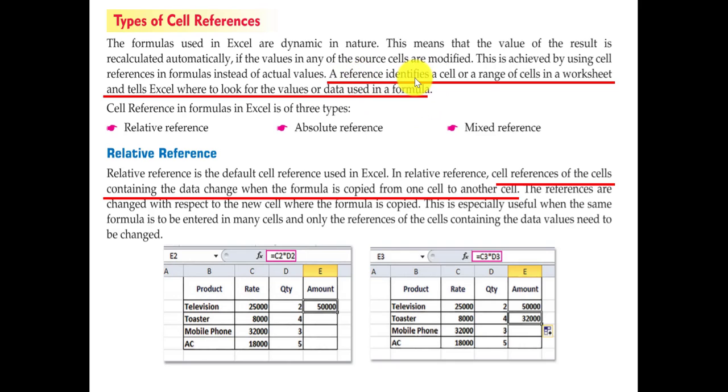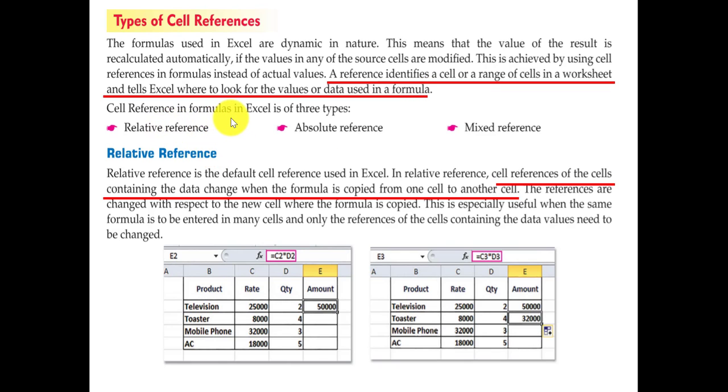A reference identifies a cell or a range of cells, meaning from which cell to which cell, like from A1 to A10 or A1 to B20, in a worksheet, and tells Excel where to look for the values or data used in a formula. Cell reference means cell values.